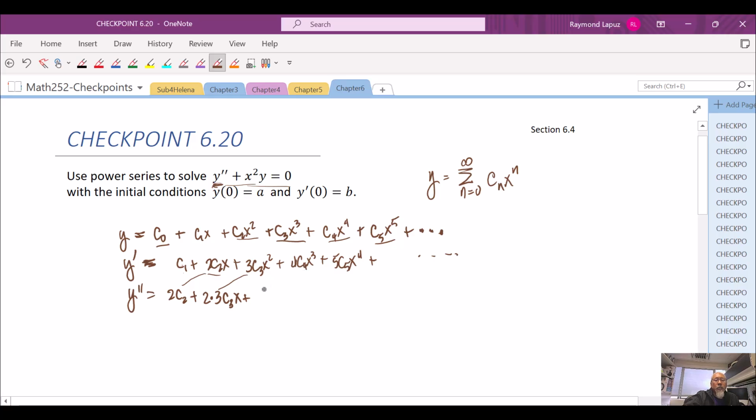So the next one is 3 times 4, c sub 4 x to the 1 less than 3, the second power. So that's the derivative there. And then 4 times 5, c sub 5 x to the third power.